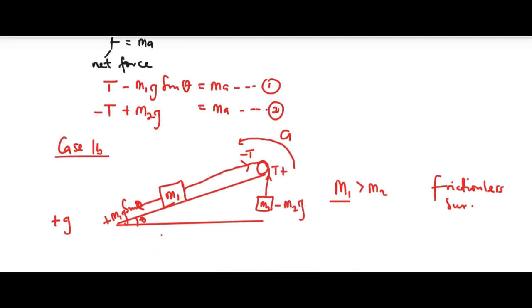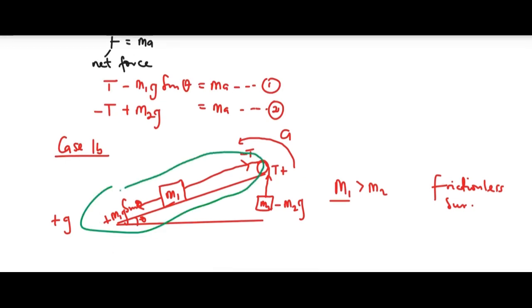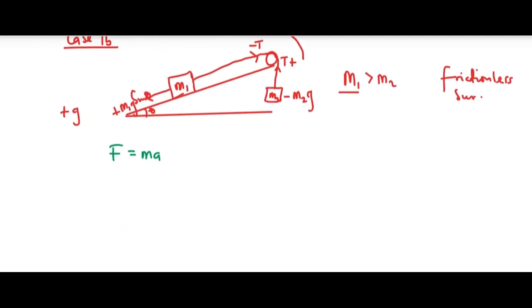So you can be asked to find tension or acceleration. So for this particular side, what will be my forces from equation of motion? So I have F equals ma, right? So what am I expecting as my net force? My net force will be plus M1G, irrespective of whether you start with the tension or not, it's still the same.